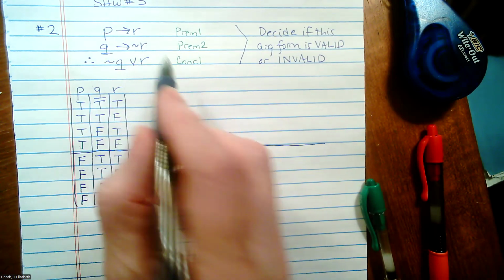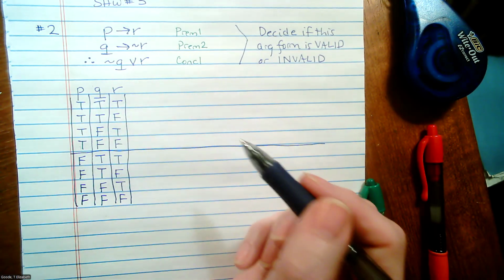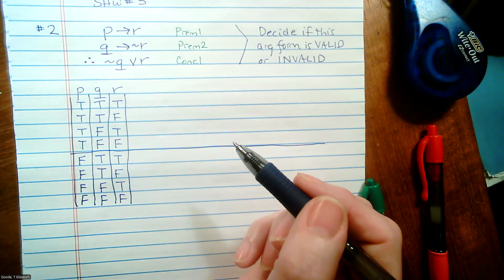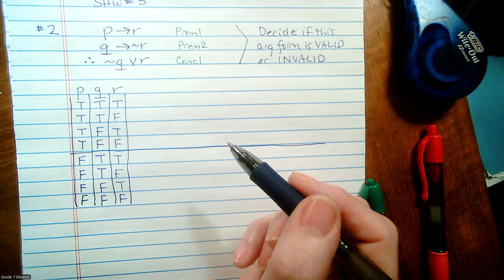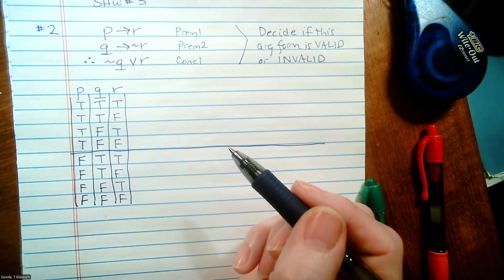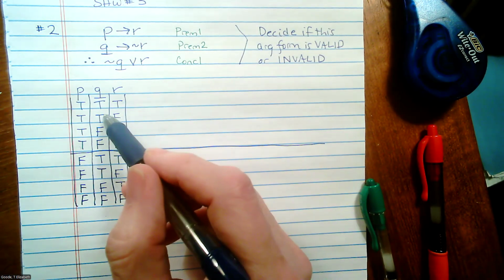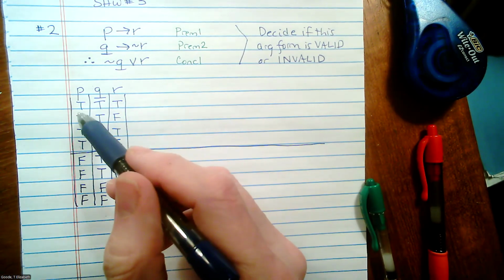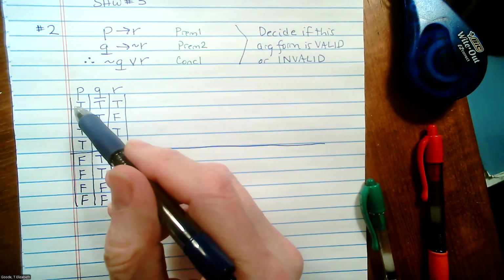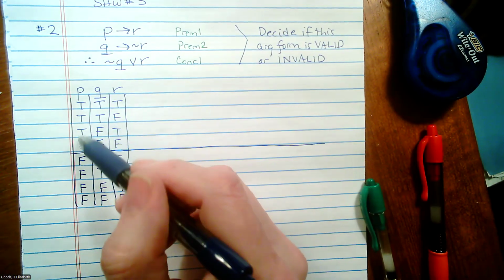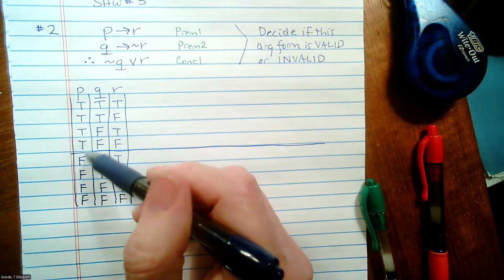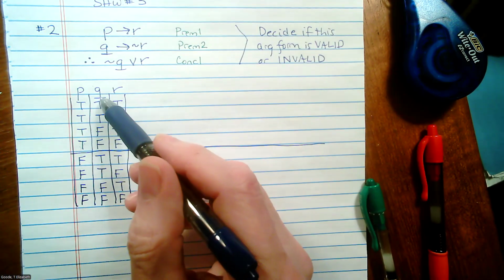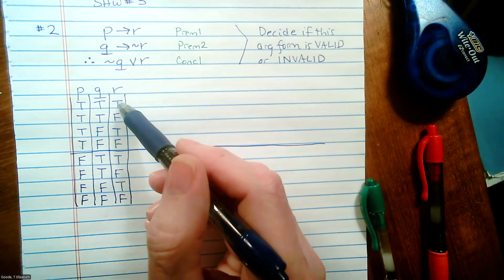We originally split 8 in half to get 4 truths and 4 falses, because half of 8 is 4, then half of 4 is 2, and half of 2 is 1.